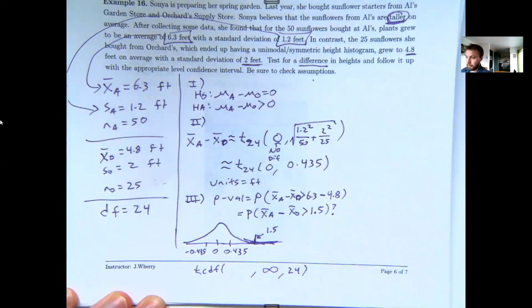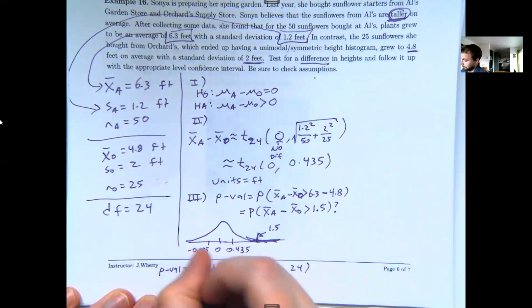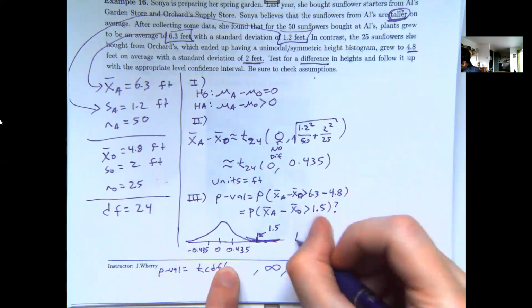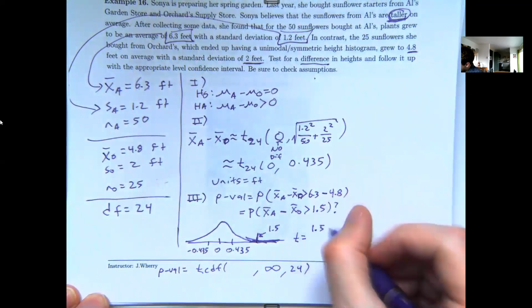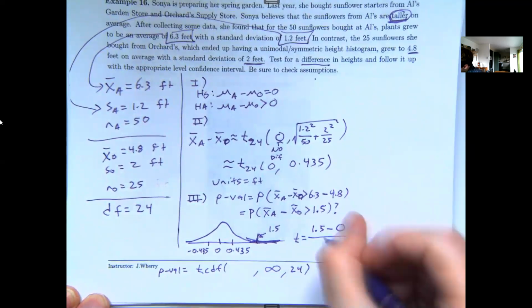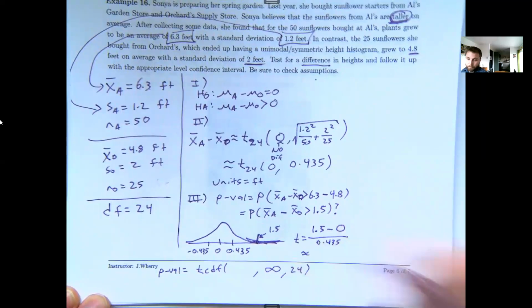That's a lie, it's not the real degree of freedom, but it'll end up being really close for my final result. I have to find this t-score. I do that by taking my value, 1.5, minus my center, 0, and I divide this by that standard deviation of 0.435.